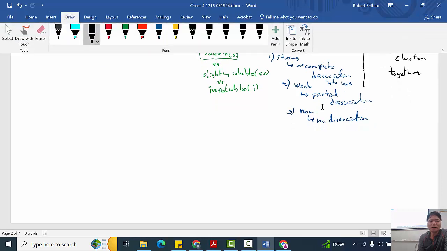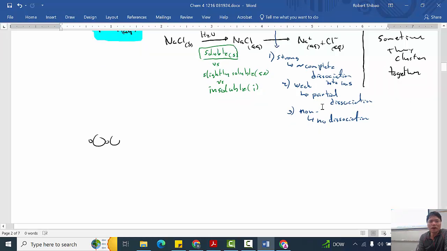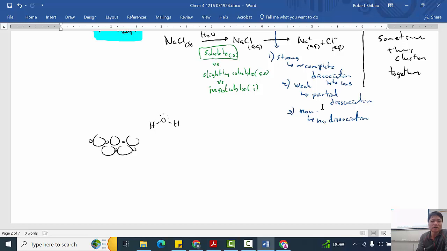And so what's happening here is the water molecules are coming along. We have our salt lattice here, and the water molecules come along and collide with the lattice.